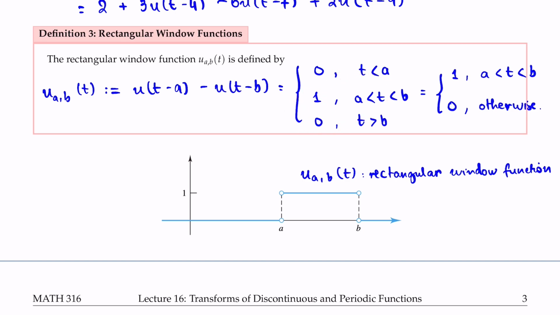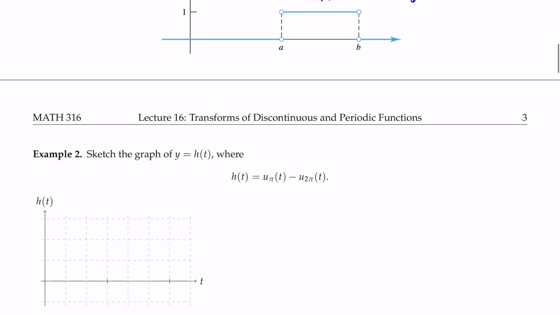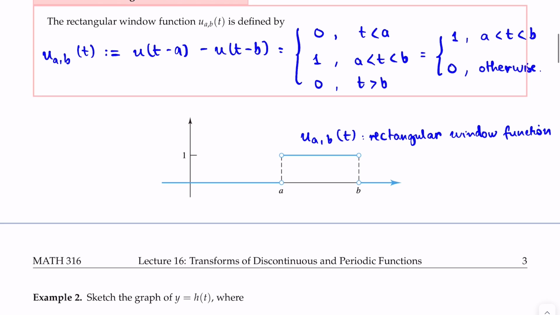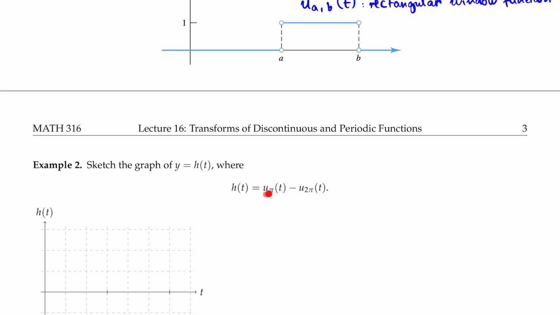Let's consider the following function: u sub pi of t minus u sub 2 pi of t. This is going to be the window function. Even though in the window function you start out with u sub a,b of t, eventually you're going to see how it is written. For now, this is the formula.